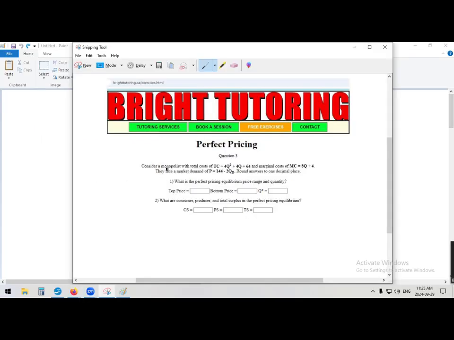So here's the question. Consider a monopolist with the ability to perfectly price discriminate. They have a total cost curve of 4q squared plus 4q plus 64, which gives them a marginal cost curve of 8q plus 4.